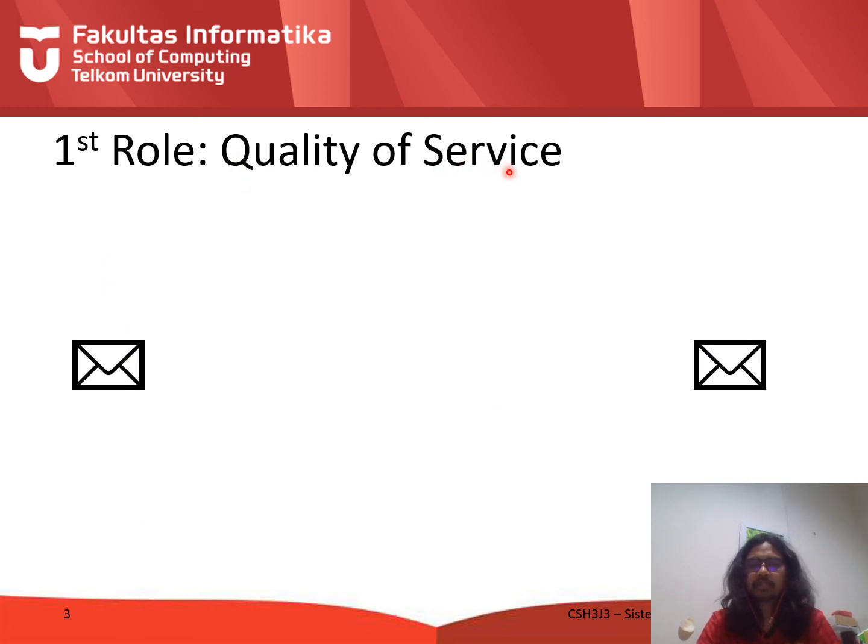What does this mean? For example, we want to send an email. We have email A here, and we want to send it to B. Usually, a service called JNA, this is not an advertisement, but if JNA wants to advertise, please contact me personally, offers some options.